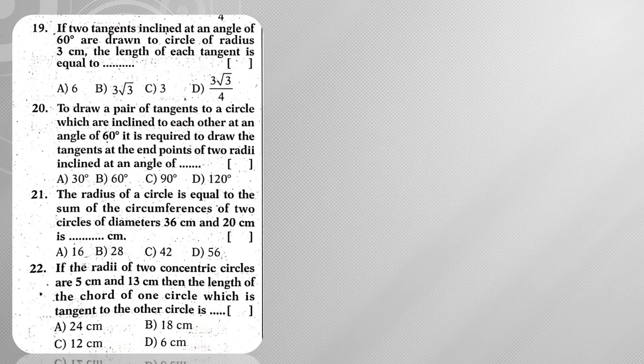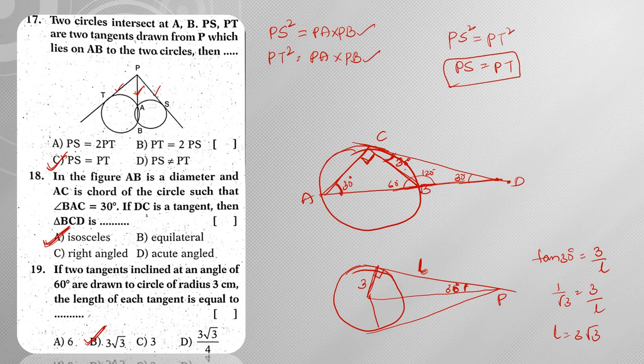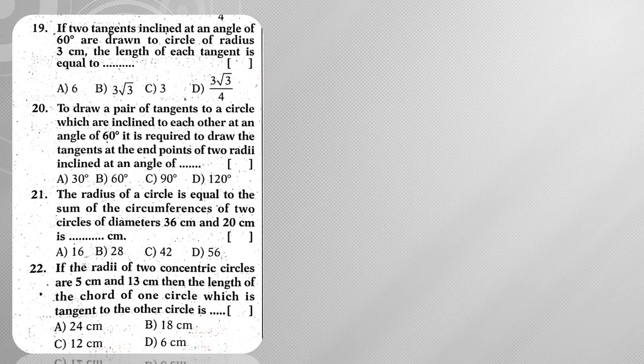Next, already 19 is completed. Next, doing question number 20. To draw a pair of tangents to a circle which are inclined to each other at an angle of 60 degrees, it is required to draw the tangents at the endpoints of two radii inclined at an angle of.